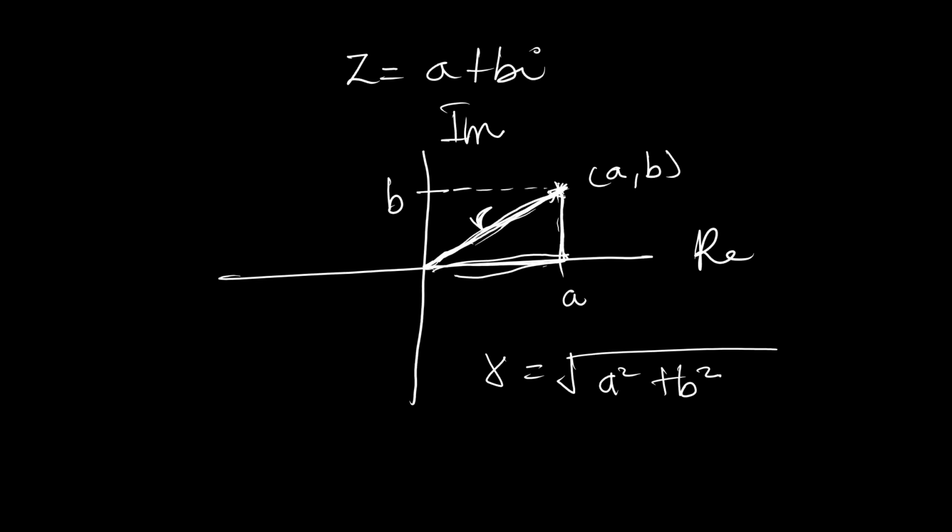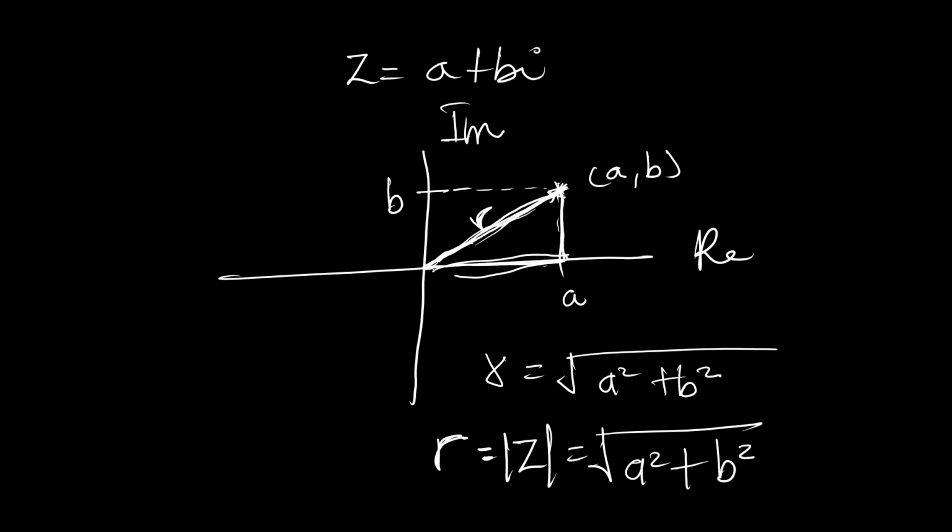So the modulus of z is going to be the square root of a squared plus b squared. That's how we find the modulus of a complex number. All you have to do is take the square root of the real part squared plus the imaginary part squared.